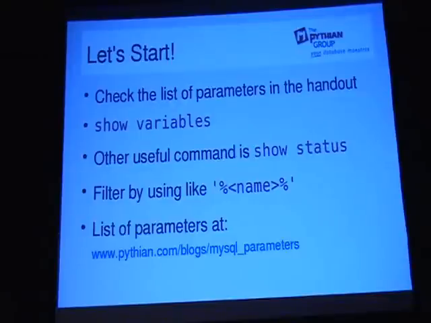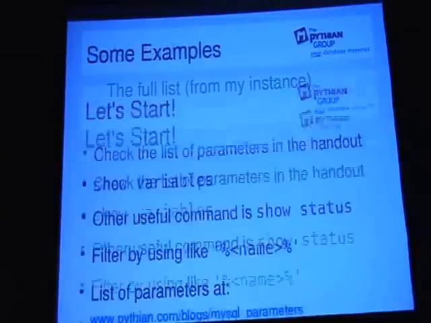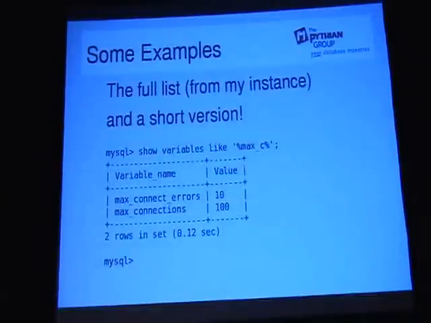Go look over the full list, and it's also on the MySQL site. They have parameters where they apply to, whether they can be changed online, which means you don't need to restart the server, or they cannot be changed online, which means you have to restart the server. So this is again the same thing. You can do a filter on like, and this is how it looks.